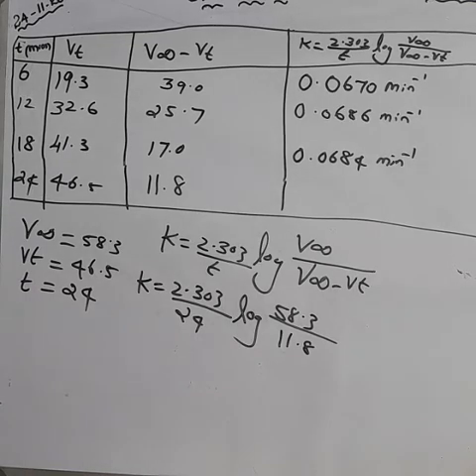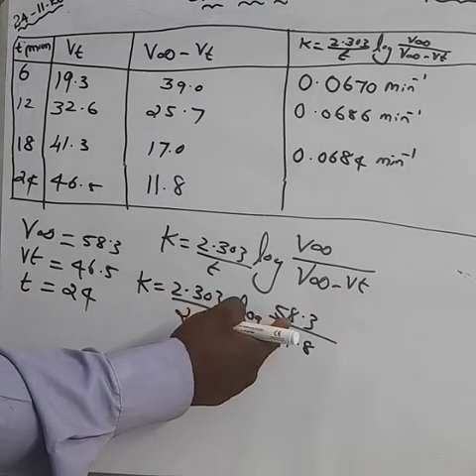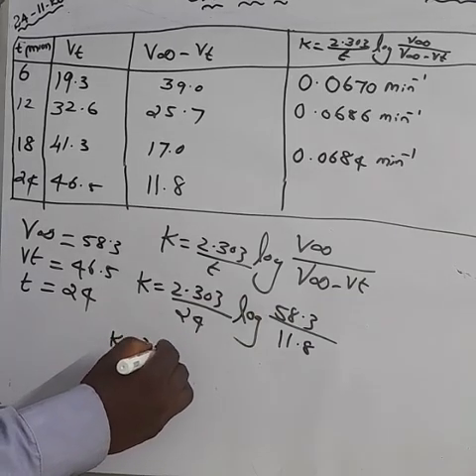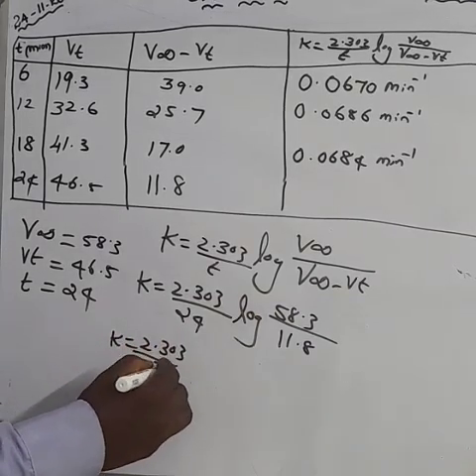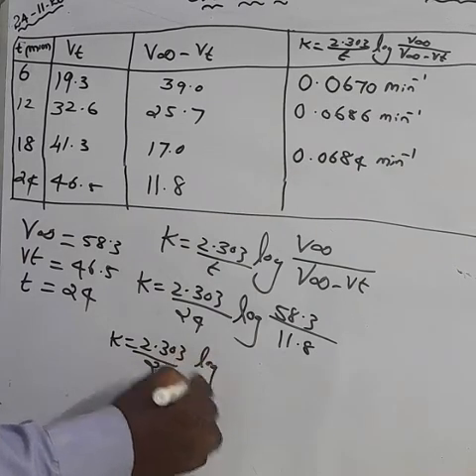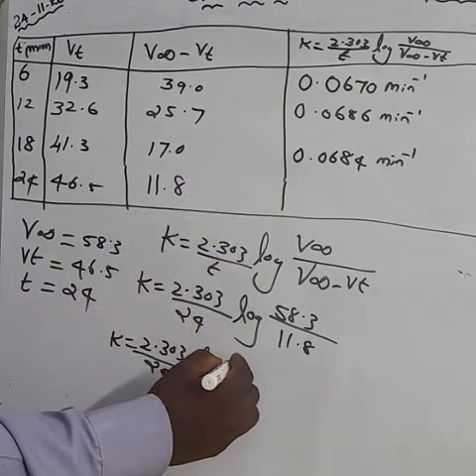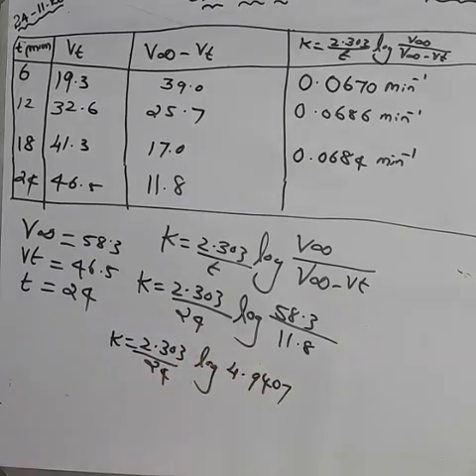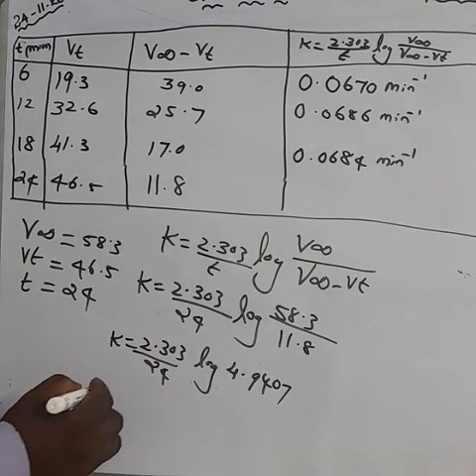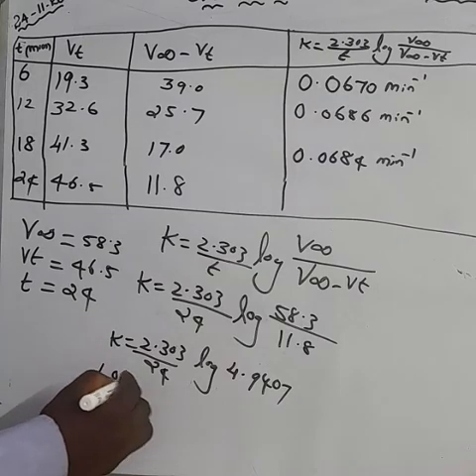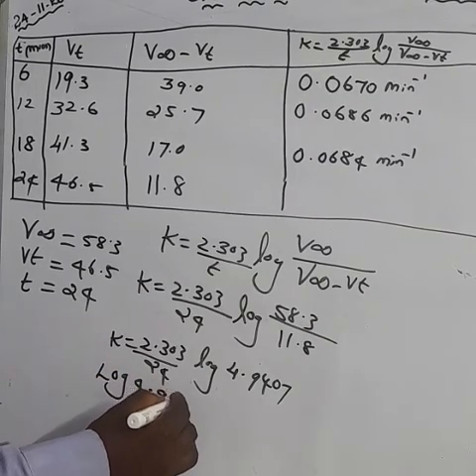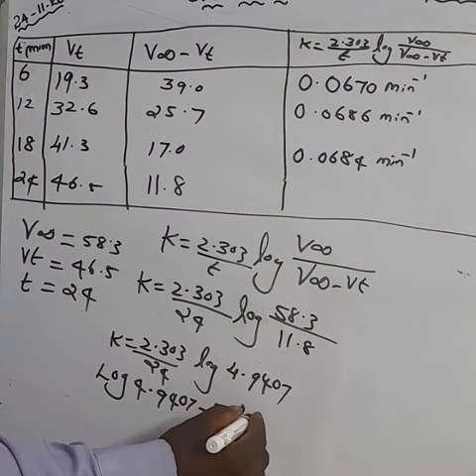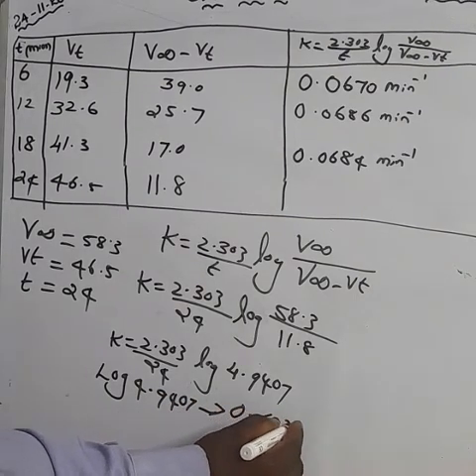Next, when we divide 58.3 by 11.8, what's the answer? k is equal to 2.303 divided by 24 log 4.9407. Log 4.9407 is 0.6938.